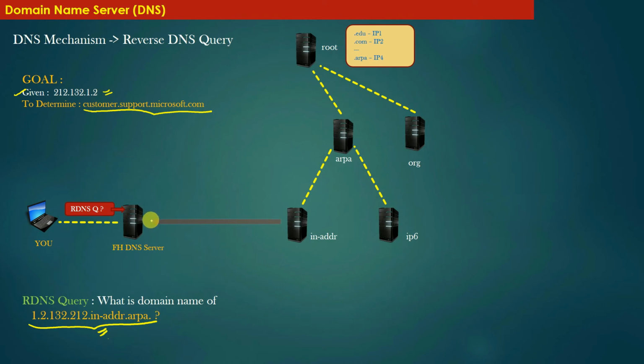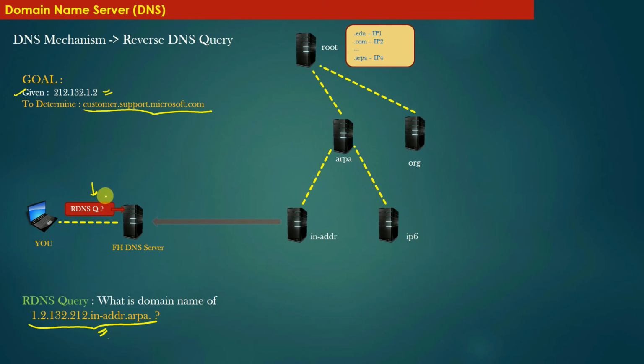Now note that the reverse DNS query issued by the DNS client could be an iterative DNS query or it could be a recursive DNS query. Depending on the type of reverse DNS query issued, the first hop DNS server will handle it accordingly. Let's assume that in this example, this reverse DNS query is an iterative DNS query.